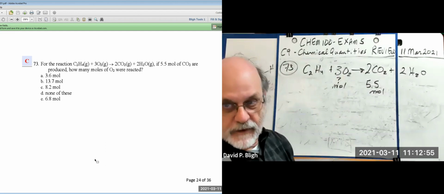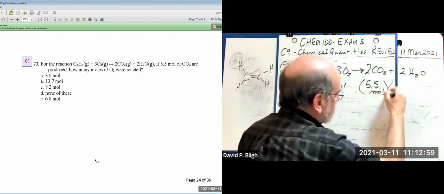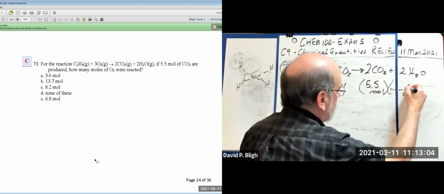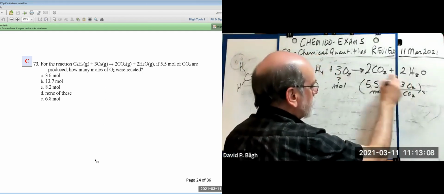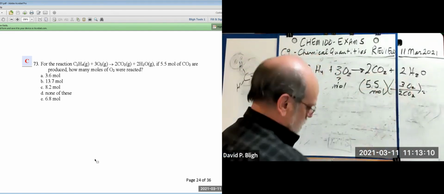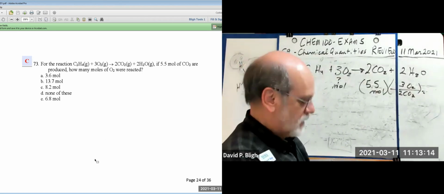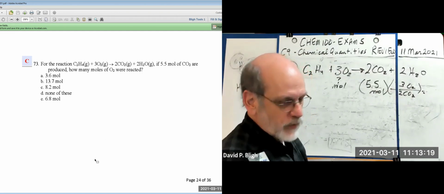Okay, fairly simple. 5.5 moles of this converted to moles of oxygen. So there are 3 here and 2 there. So 1.5 times, 3 divided by 2, times 5.5 is 8.25.